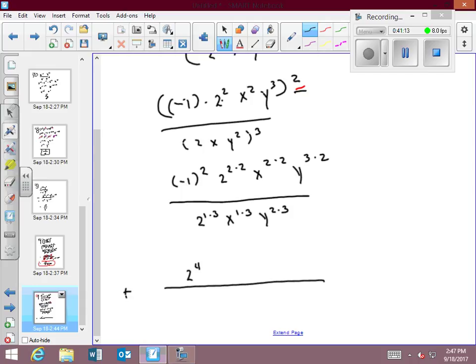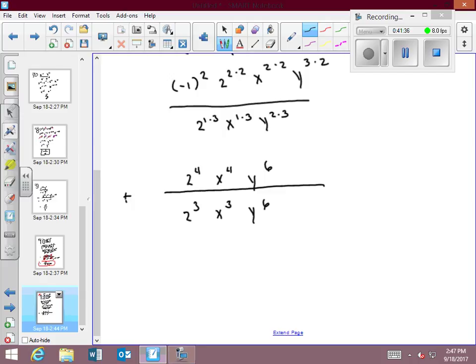My x, 2 times 2 in the numerator is x to the 4. My y, 3 times 2 is 6. Now in the denominator, the 2 is to the power 3, x is to the power 3, and y is to the power 6.